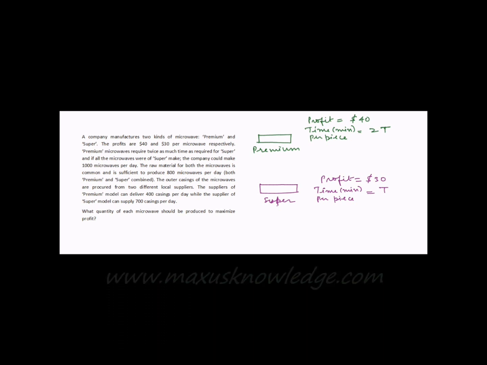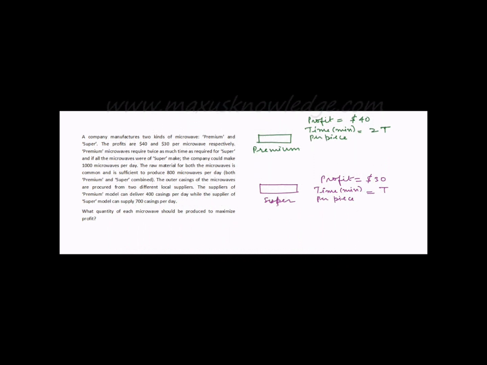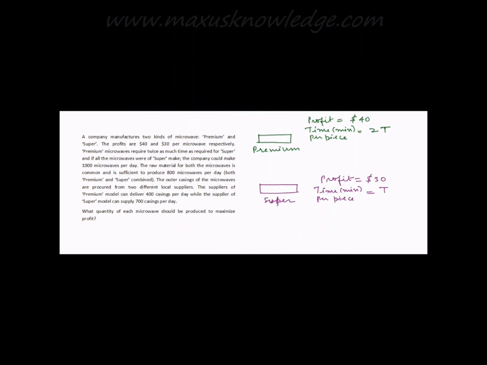So if all the microwaves which are being manufactured are of super make, then the company could make 1000 microwaves per day. Manufacturing capacity is equal to 1000 pieces.